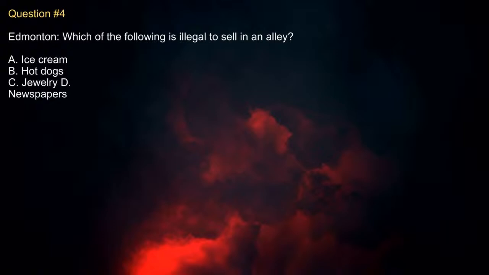So that's where I'm thinking about this. So I would think you would be looking at B or D in this instance. Right. So ice cream you'd be taking eating with you. There's nothing really there that would dirty the alley, but a hot dog and newspaper. Yeah, I'm gonna go with D.